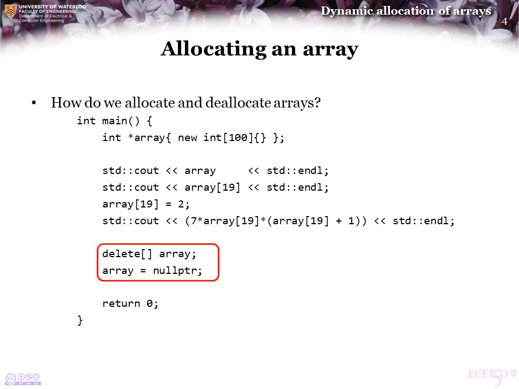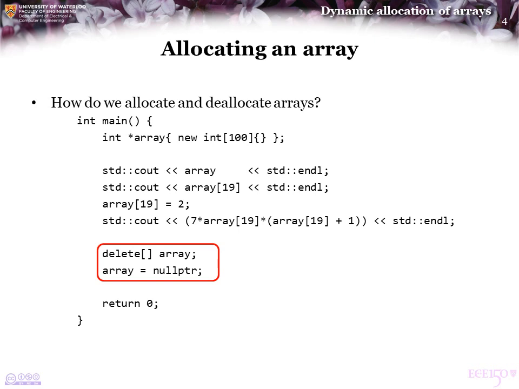Here, once again, I'm going to deallocate the memory for the array. However, I must be very careful because I allocated an array and not just one int. I must call delete with the square brackets immediately following it. That indicates to the operating system and to the compiler that this was an array that had been allocated, and now we are deallocating that array.